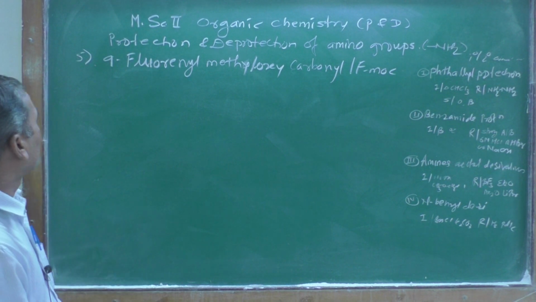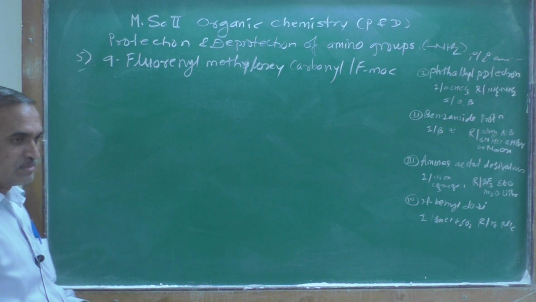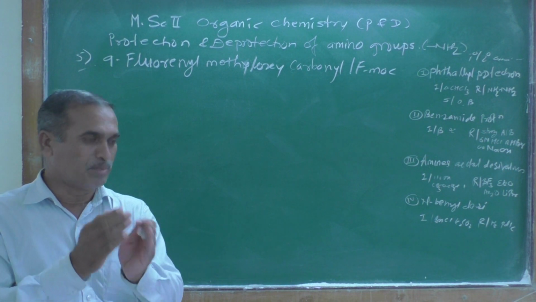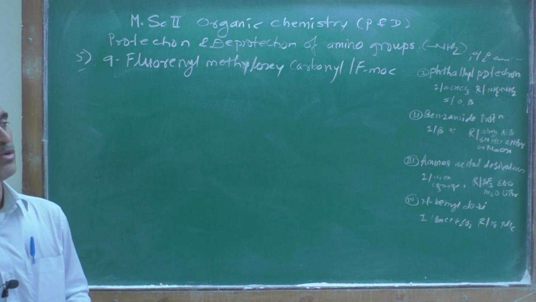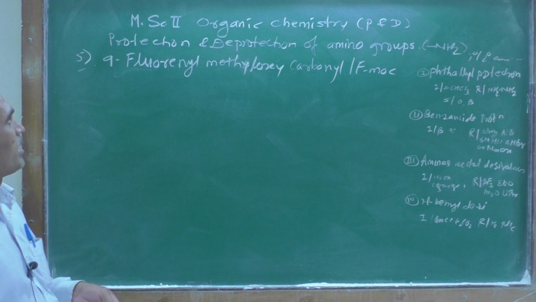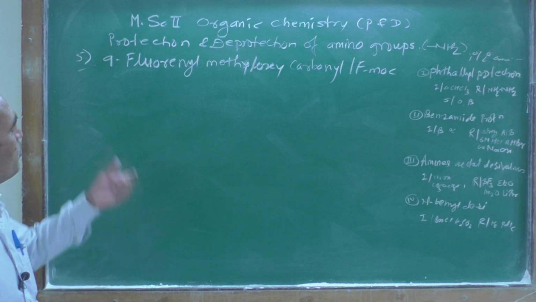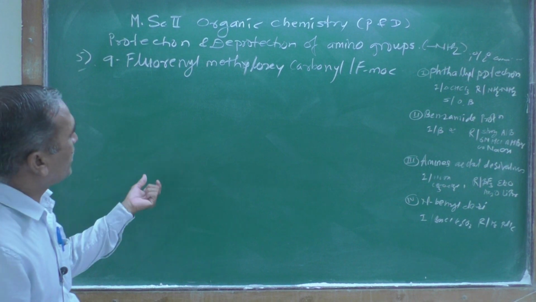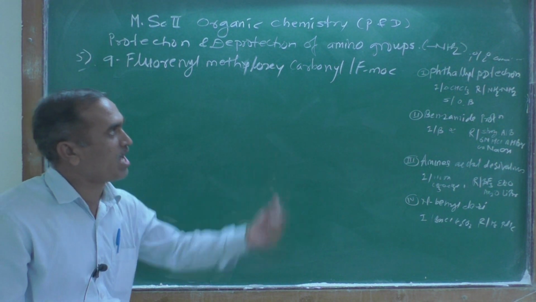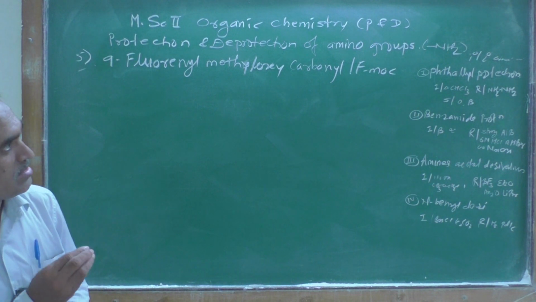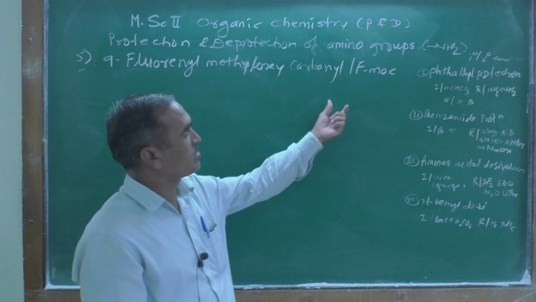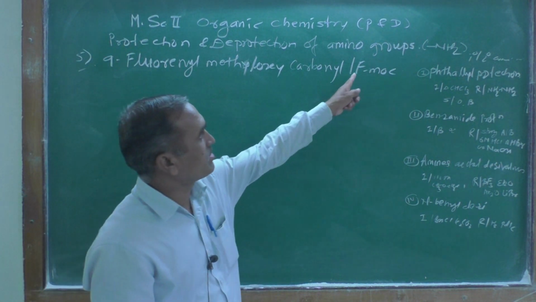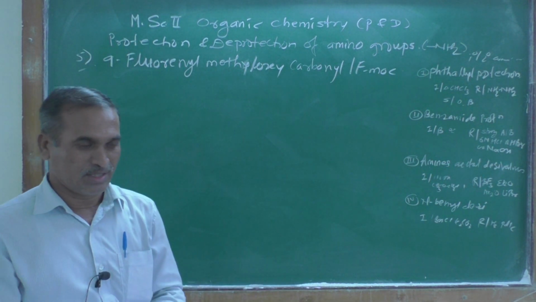So today we are going to discuss the fifth important protecting group. The name of that fifth protecting group is 9-fluorenylmethyloxycarbonyl. It is in short known as Fmoc. You can pronounce this Fmoc in short.